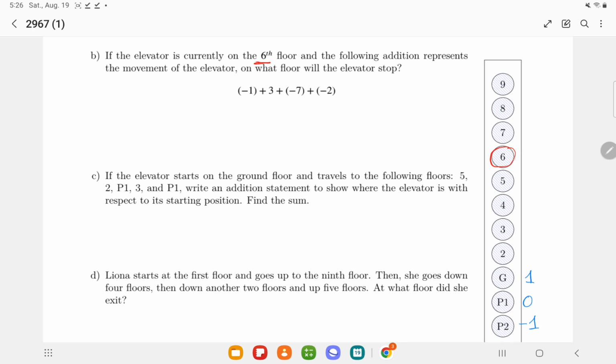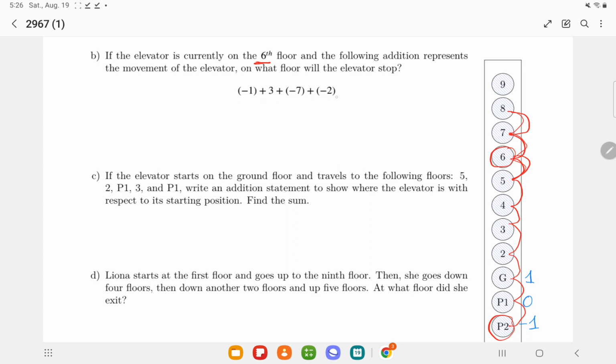So let's start again. We go 1 down, 3 up, then 7 down, 1, 2, 3, 4, 5, 6, 7, and 2 more down. So we end up at P2. I like the other method more.